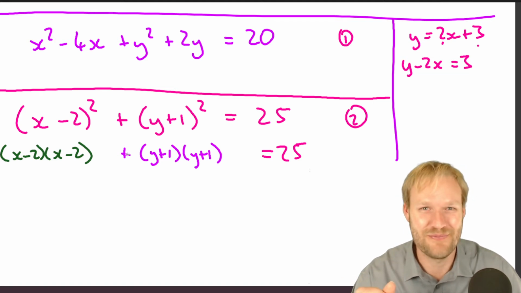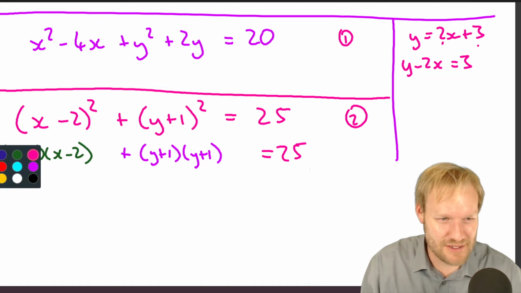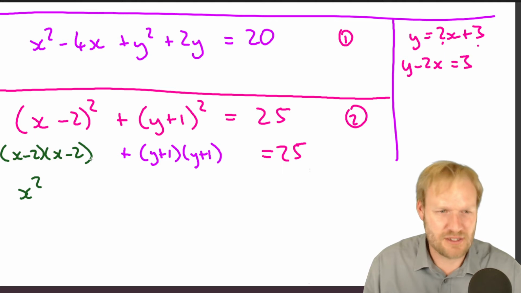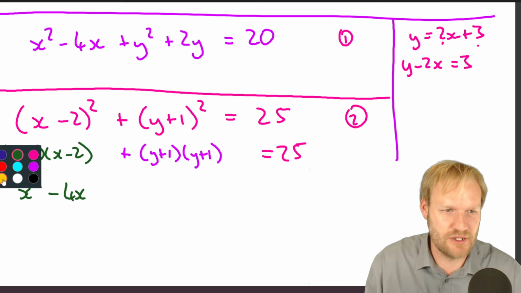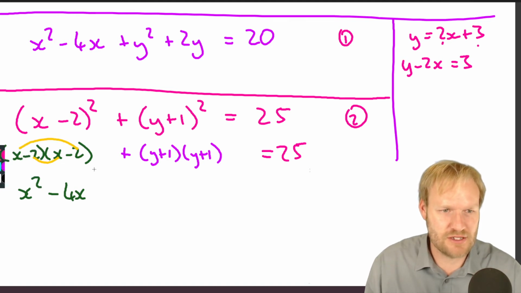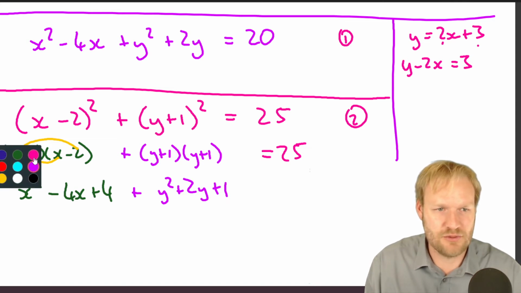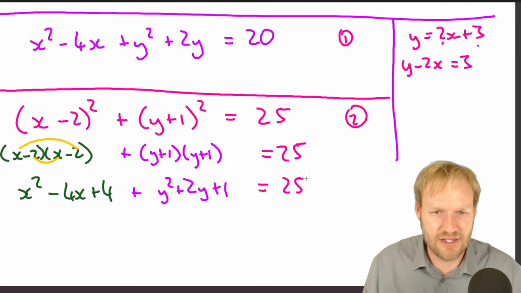Well, okay, so you multiply this out: x times x is x squared. x times minus 2 gives us minus 2x, and another minus 2x gives minus 4x. Then minus 2 times minus 2 is plus 4. And so y squared plus 2y plus 1, and not too much to do on the right-hand side, equals 25.